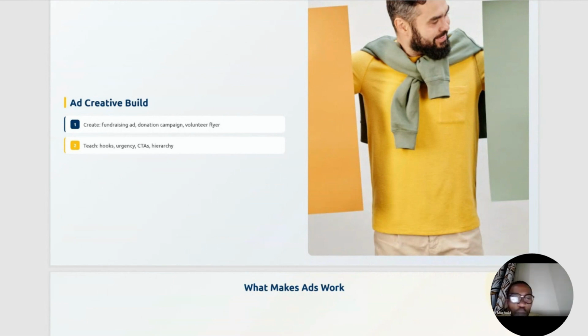A good number of them have come several times. Then you want to have hooks. Create urgency, like this is a 7 day campaign, so don't be left behind. What's the call to action? Hierarchy when it comes to ad creative is important, right?